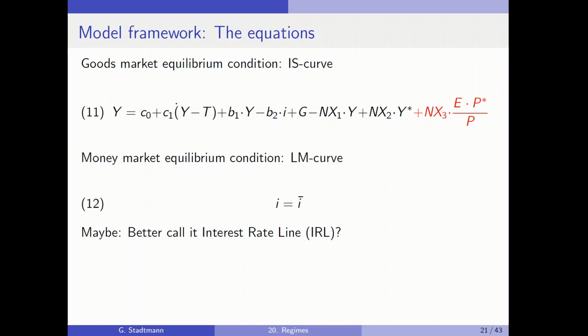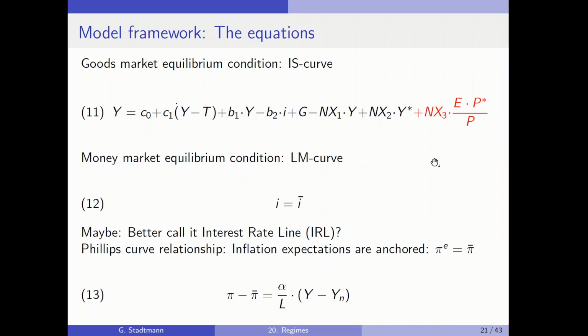We have a money market equilibrium condition. So here, once more, it is assumed that the central bank is trying to stabilize the nominal interest rate. And maybe it would be a better label to use the label interest rate line because the LM curve is a horizontal line here.